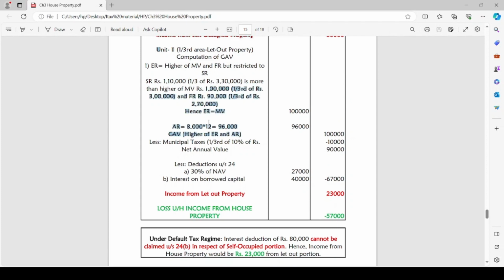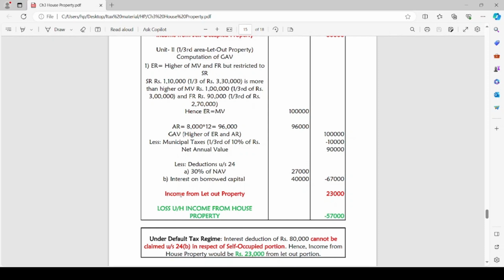The only change will be in the interest on borrowed capital under section 24B. There will be a ceiling limit of rupees 2 lakh. But the total interest on borrowed capital is rupees 1,20,000, of which the 1/3 portion which has been let out will claim only 1/3 of the interest on borrowed capital, that is 40,000 only.